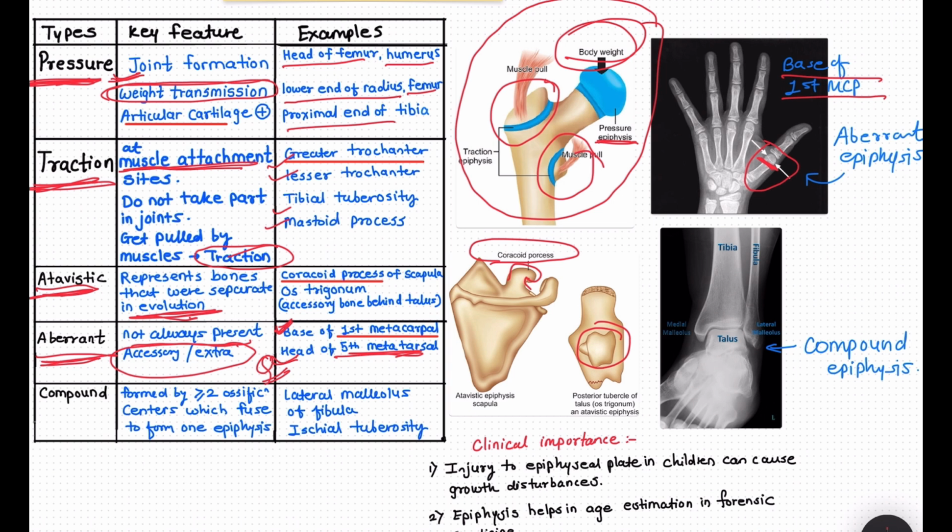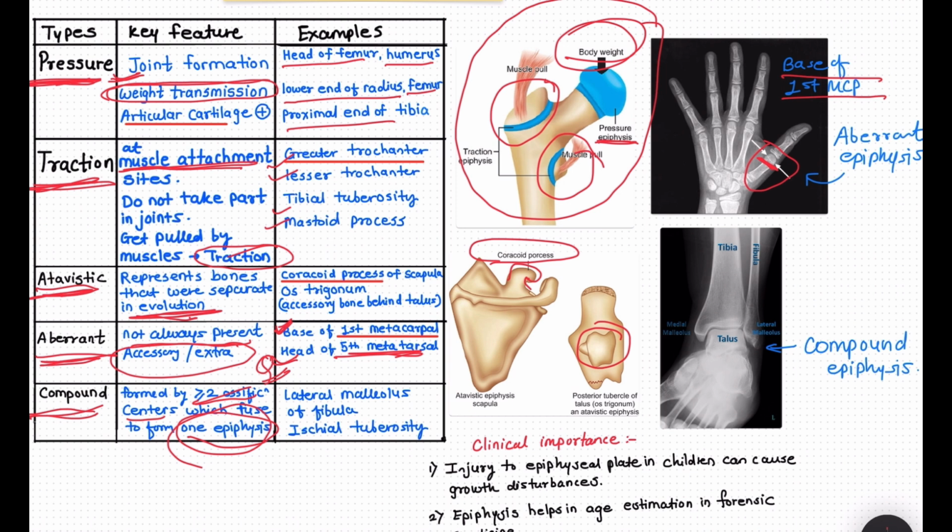Then the next one is compound epiphysis. Compound means formed by more than two ossification centers which fuse to form one epiphysis. Usually there is only one ossification center in one epiphysis. For long bones, there are two ends, so two epiphyses, and each epiphysis has only one ossification center.